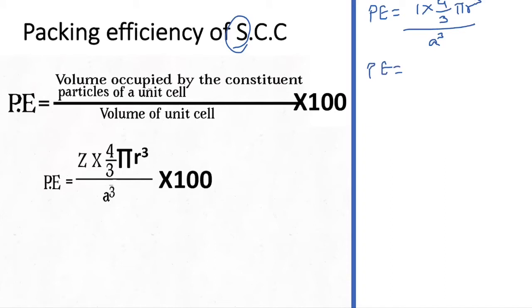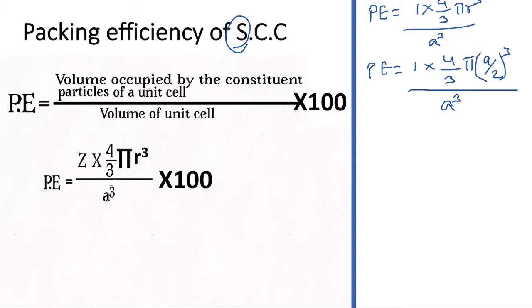R is nothing but a by 2, that is the radius, as we have seen earlier. So 1 into 4 by 3 pi a by 2 whole cube by a cube.